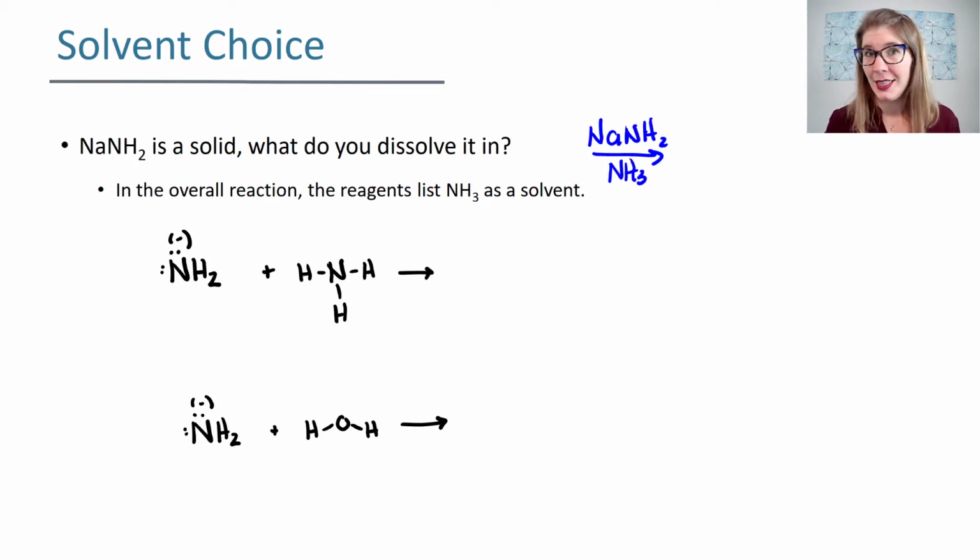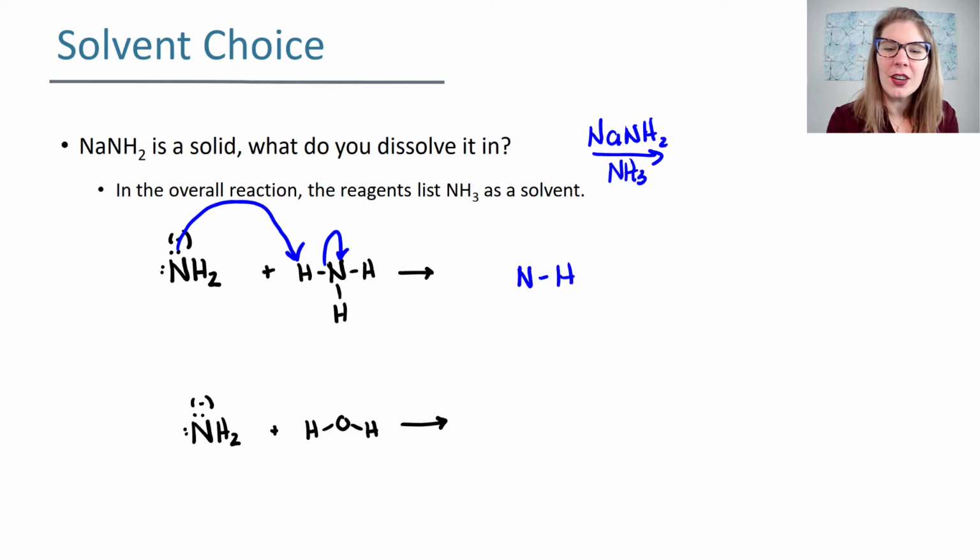And we would like it to dissolve in something, because if our two reactants are in the same state when they're reacting, everything goes much more smoothly. What we do is use ammonia, NH3, as our solvent because if our NaNH2 reacts and pulls off a proton here, guess what? There's no net change. You get the same thing as what you started with.